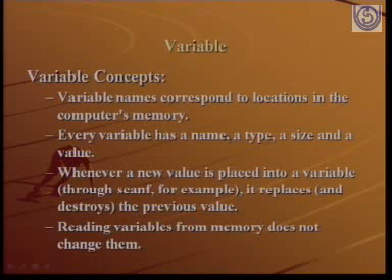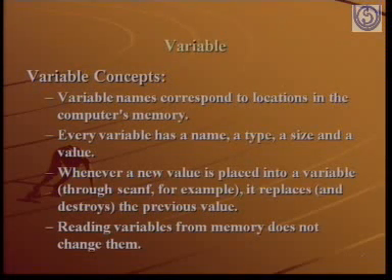Name is just for identification. Type is the type of variable, meaning what type of data it will store, whether it will store an integer value, a floating point value, a character or something else. It is decided by the type of the variable.